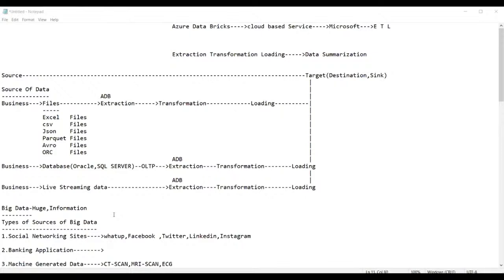Sir, may I know what Synapse is used for? Synapse is totally a visualization process. It is basically called the data warehouse of Azure. Data visualization and all analysis happen from this part.